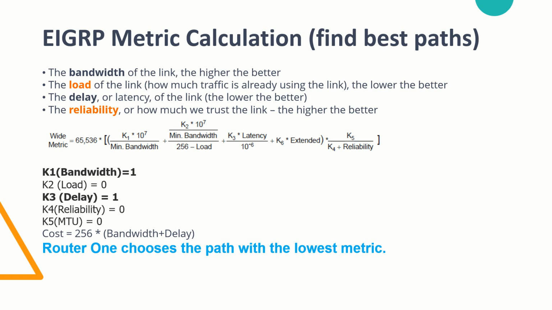But how does EIGRP find the best paths? How does the metric work? EIGRP uses the metric to calculate the best path between some routers and neighbors in the network.